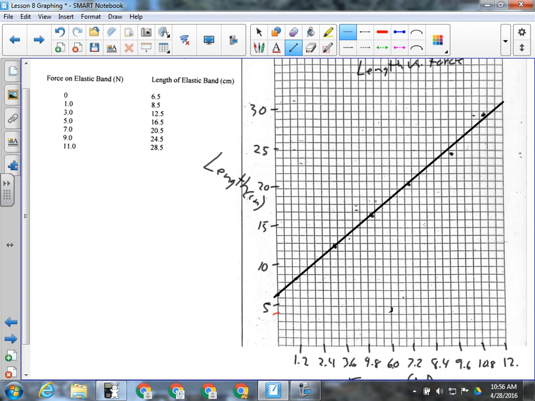All right, so now what do I have to do with that line? I should probably find its slope. Okay, and I want to do that using y equals mx plus b. Okay, can I find b on this graph?